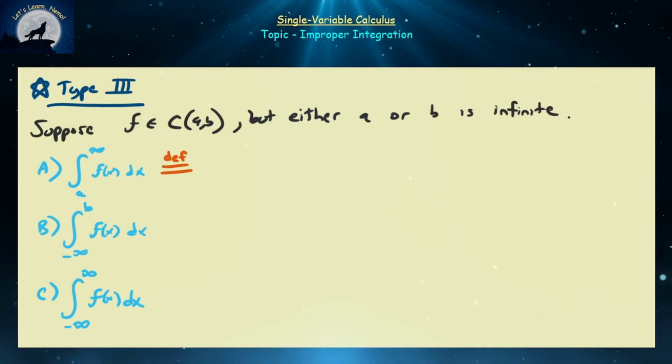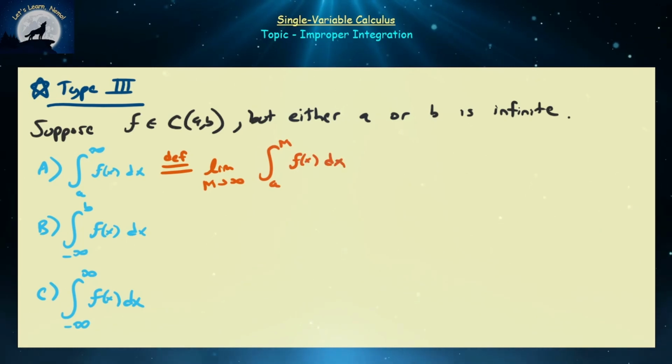We're going to define this as the limit as m goes to infinity, but you can use some other letter if you prefer, of the integral from a to m of f of x dx. Obviously, if it's continuous on a to infinity in this case, it's going to be continuous on a to m, so this is going to be well defined.